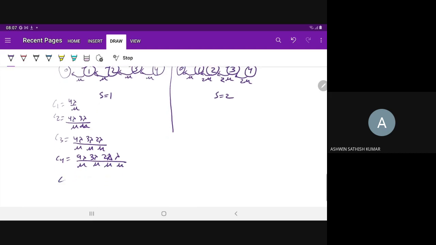And thereafter Cn is equal to 0, because lambda is 0 there, for n greater than or equal to 5.